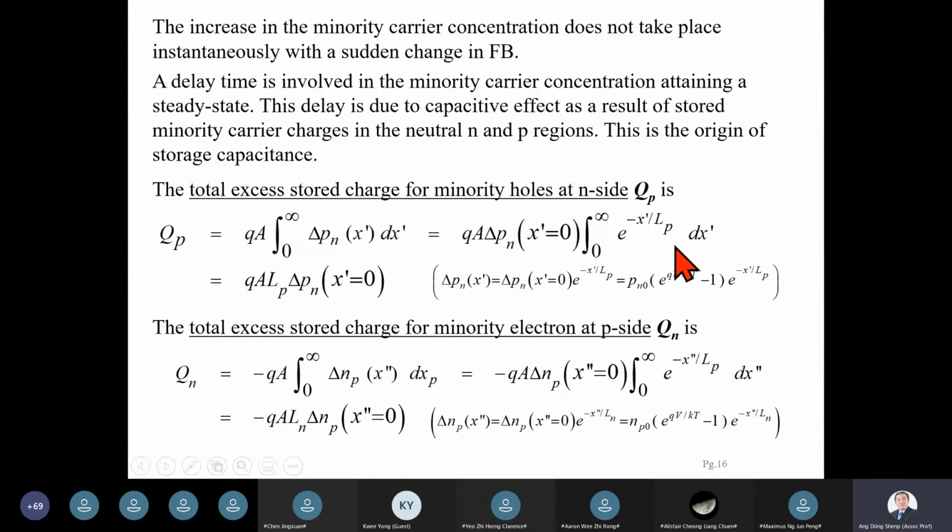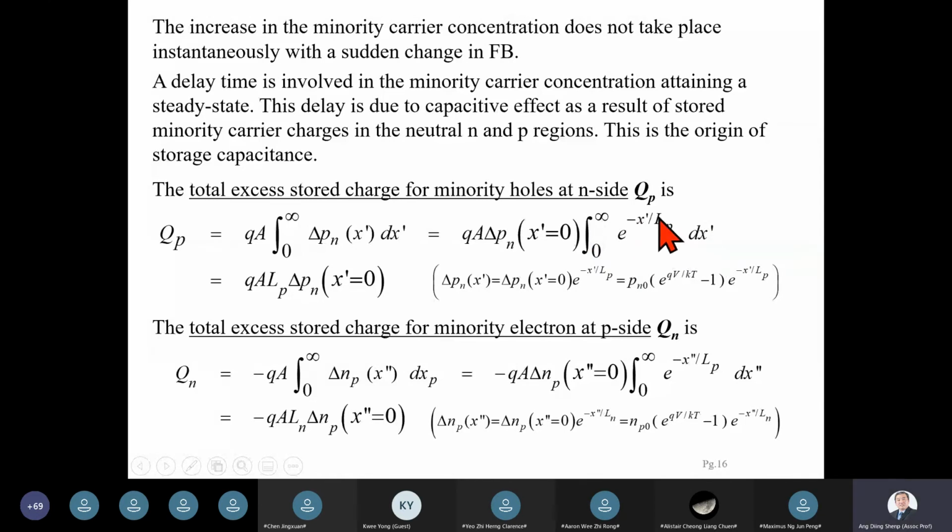Now, this is an exponential function, so integrating it gives you an exponential function multiplied by minus LP. Then you evaluate the integral at 0 and infinity. After you evaluate it, this integral will evaluate to a value of 1.